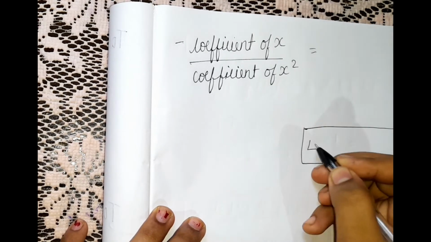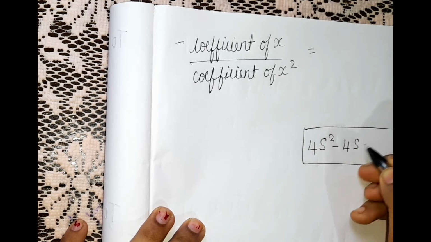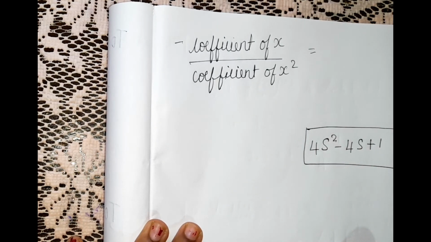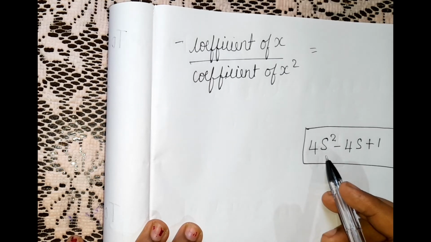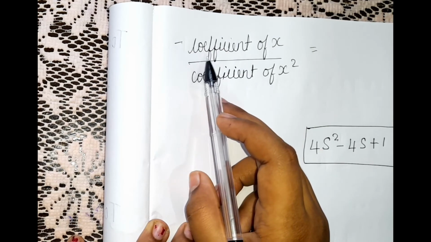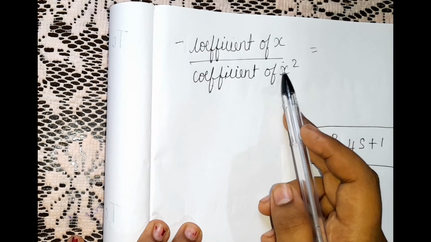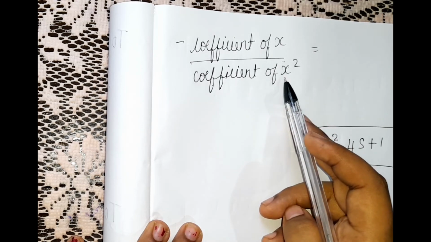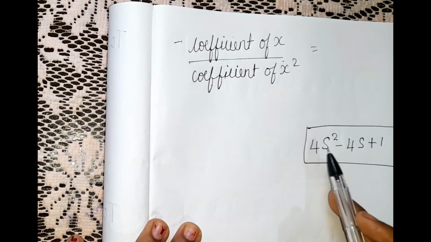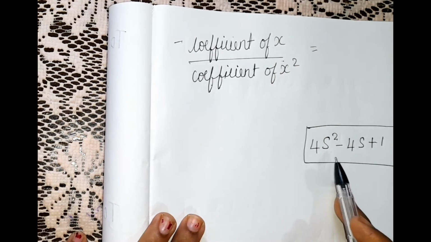So the question is 4s square minus 4s plus 1, okay. So this is the question. In this question we have s as a variable. As you guys know, the formula is minus coefficient of x divided by coefficient of x square. Here the variable is x, but in the question it is s. So instead of x, you guys can think it like s, okay. So instead of x, you are going to be thinking as s.